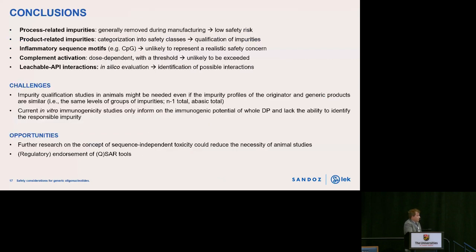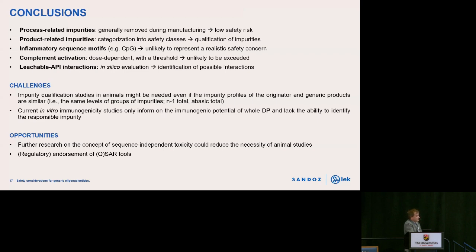So in conclusion, process-related impurities seem to be removed from the manufacturing due to high purge factors and thus pose low safety risks. Product-related impurities would benefit from being able to categorize them into safety classes, and the application of sequence-independent toxicity would allow us to reduce animal testing.